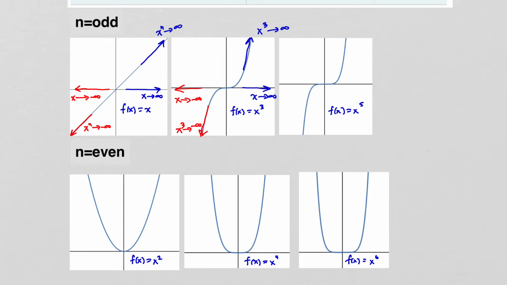I won't draw the arrows, but you can see as x gets big here, the function values are getting very, very big. And as x goes to negative infinity, the function values are also going to negative infinity. So that is what we mean by end behavior. So basically, on one side, the function is going up, and on the other side, the function is going down.